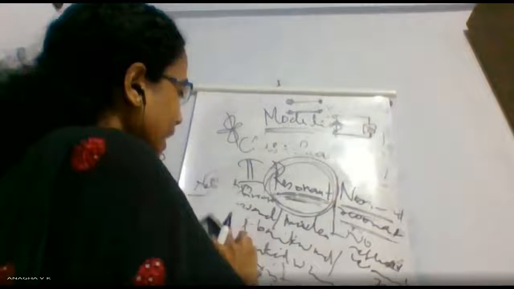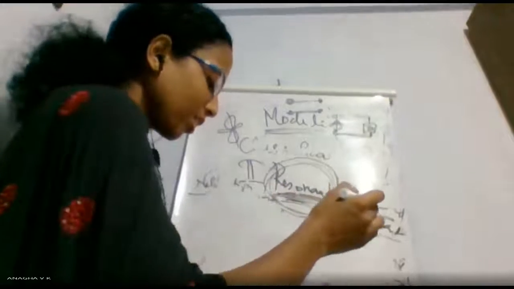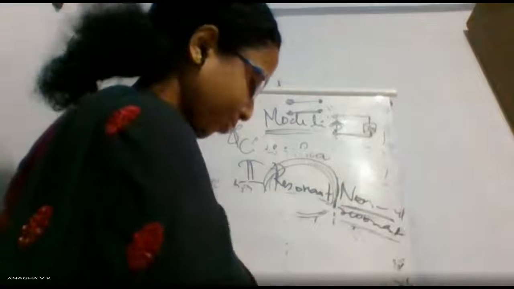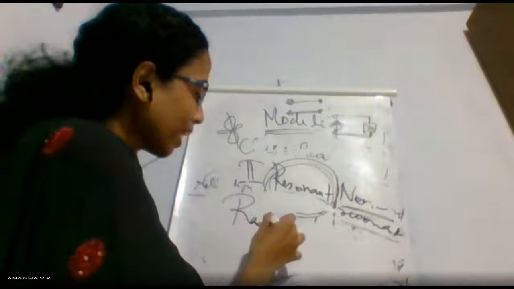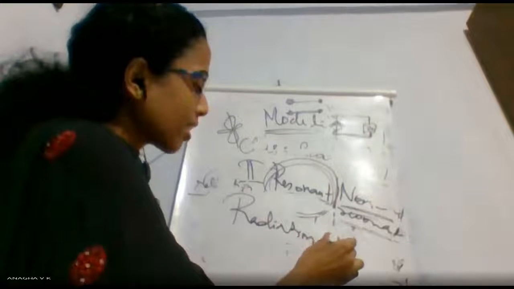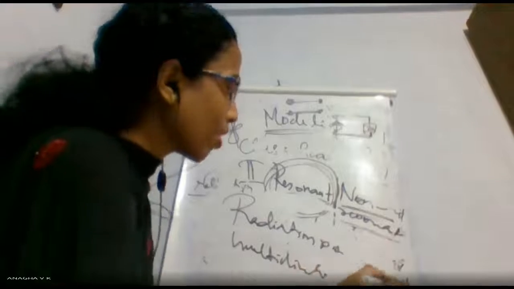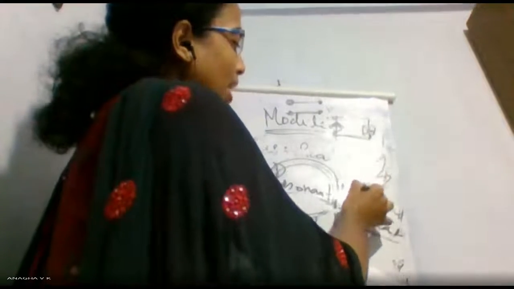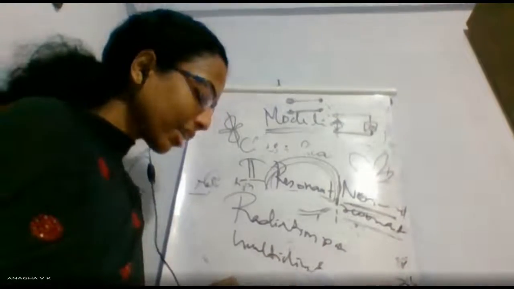Moreover, the radiation pattern is multi-directional in the case of resonant. Multi-directional means that apart from the major lobe and the back lobe, there may be side lobes.